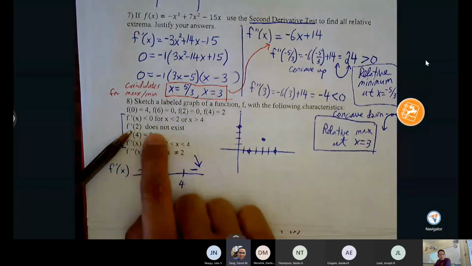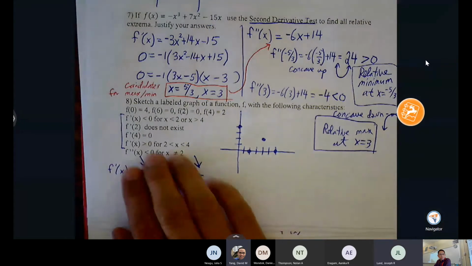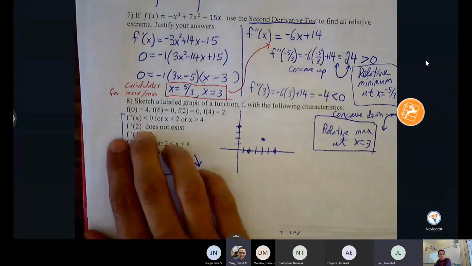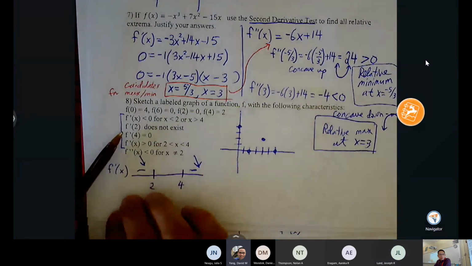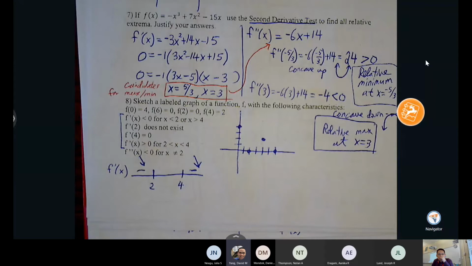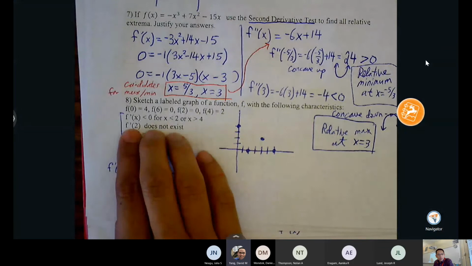What does this next statement say? Is it saying that there's a vertical asymptote there? I think that's possible. It doesn't specify what type of issue it's having, but it could be a sharp turn, it could be an asymptote.